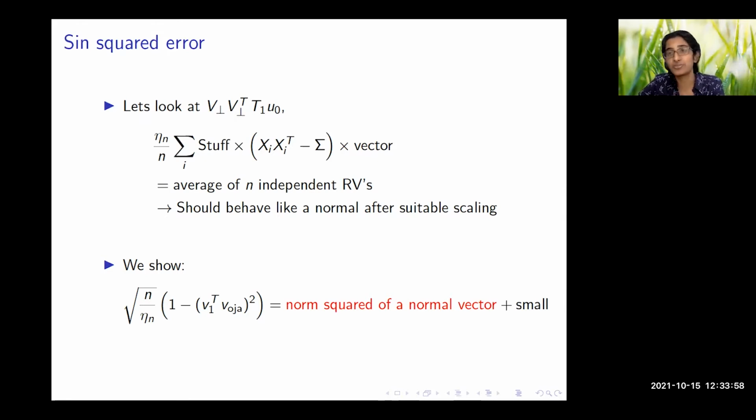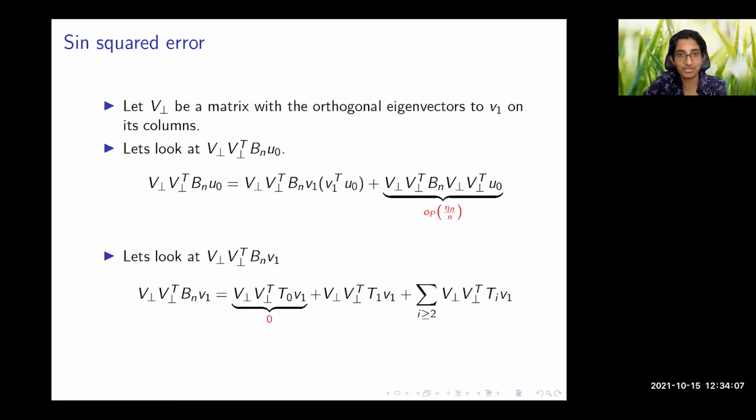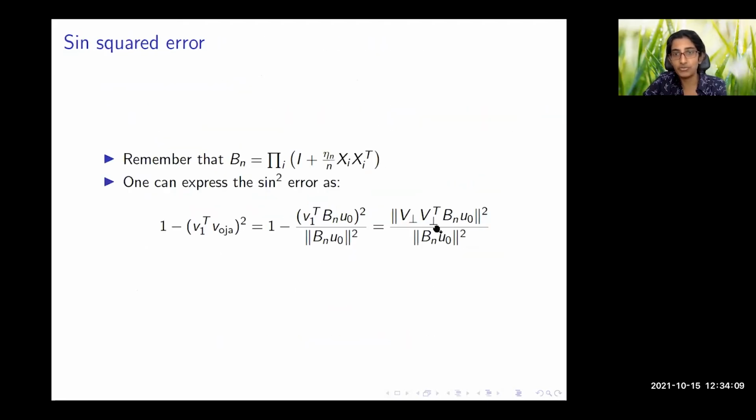And that's where our distributional convergence is coming in. So if you remember, and if you don't, here it is, you can just go back all the way. The sine squared error has the norm square of that vector that I just showed you. The vector behaves sort of like a normal distribution. So a square of a normal vector should have sort of like a quadratic form, like chi-square.